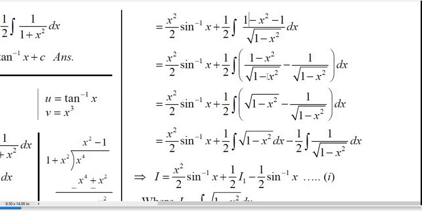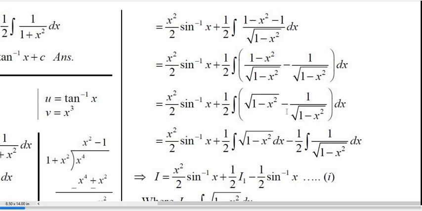When we move 1 minus x squared power 1 by 2 from the denominator to the numerator, its power becomes negative, and this 1 minus x squared has power 1, and this 1 minus x squared power will become minus 1 by 2. When these two same terms are multiplied, their powers are added, and taking LCM of 1 minus 1 by 2, we get 1 by 2, which is equal to square root of 1 minus x squared minus this term as it is.